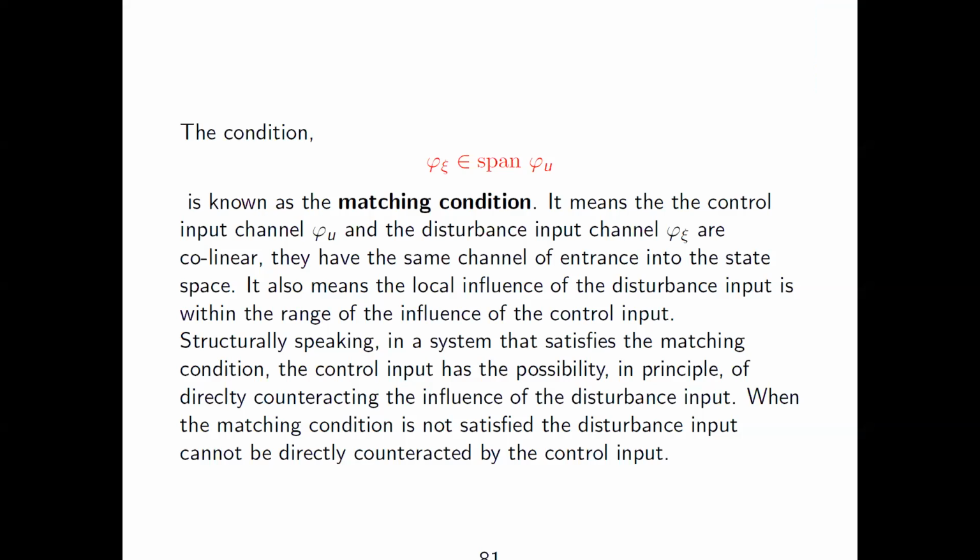Okay. Actually, that triggered another question. When we talk about matching conditions, we consider only the disturbance. But what about the constraints on the control variable u? Let's talk about the DC motor again.